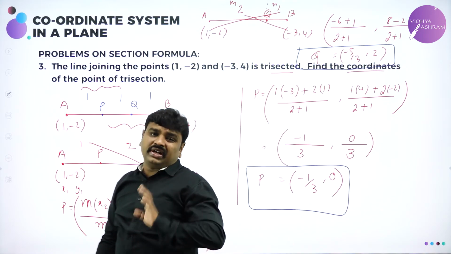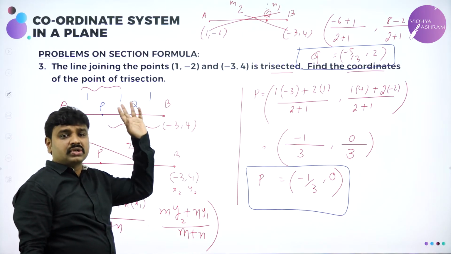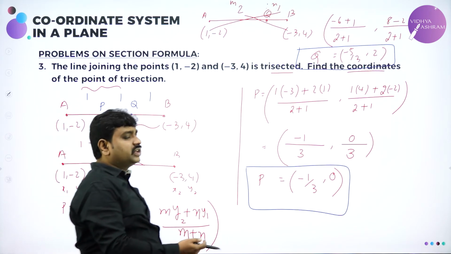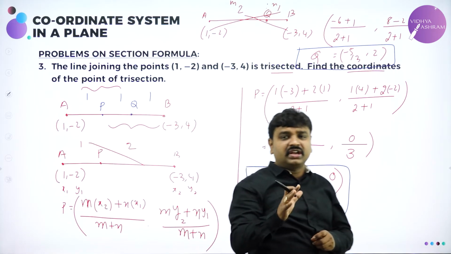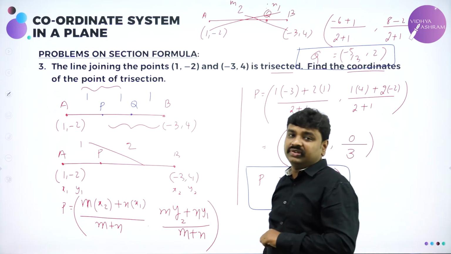And we have one more direct formula, taking the ratios 1 and 2 and 2 and 1, and we can write the formula. So I will write the formula. This is the original method, where we derive two different coordinates using the section formula 2 times.